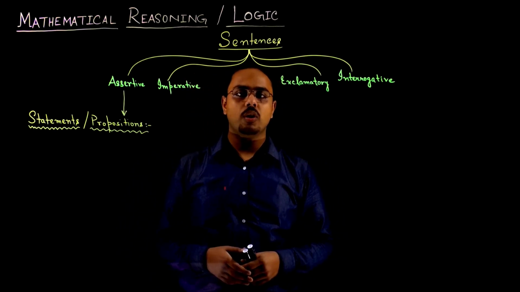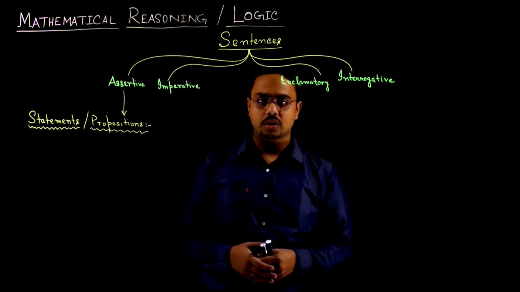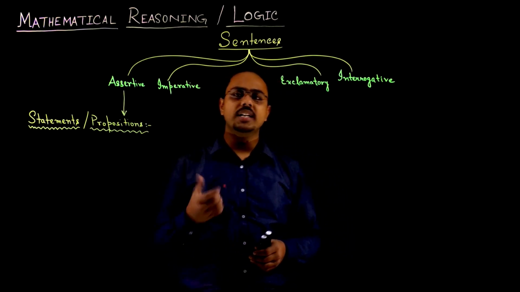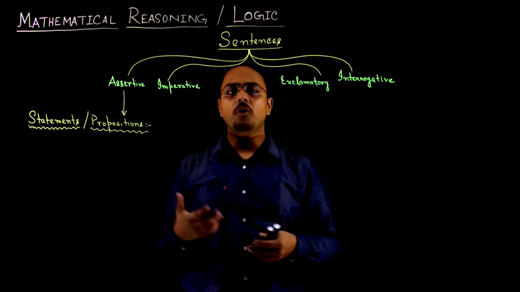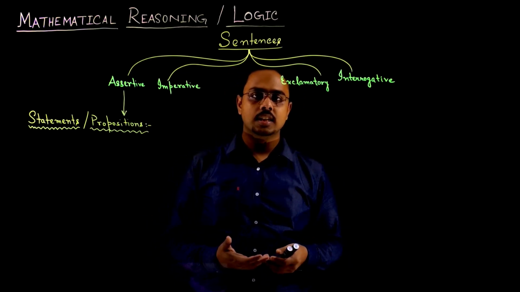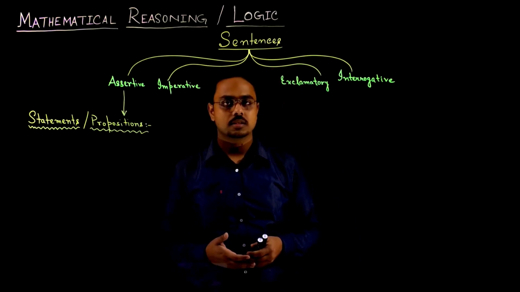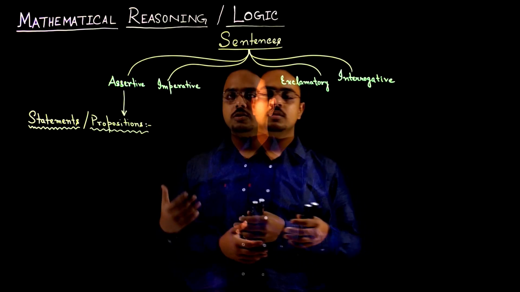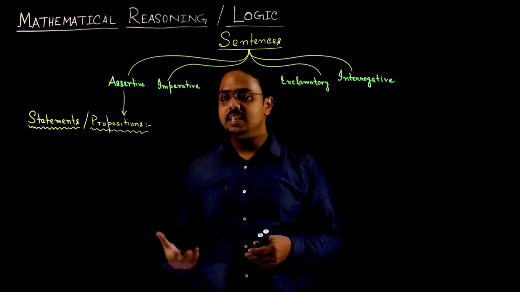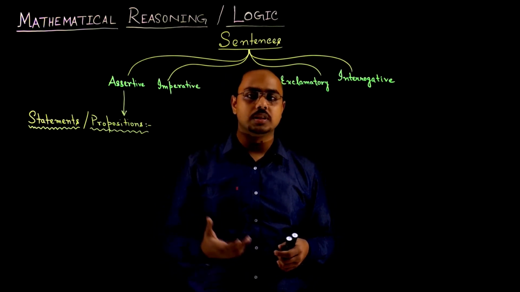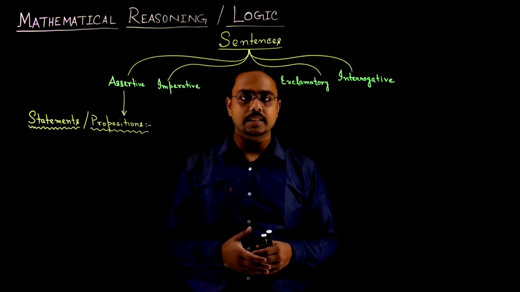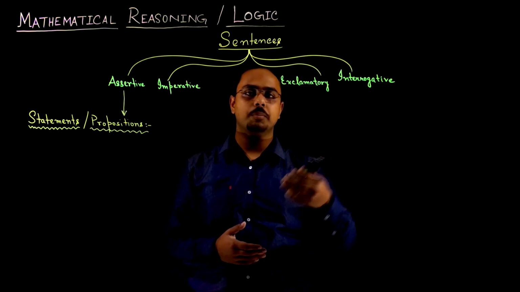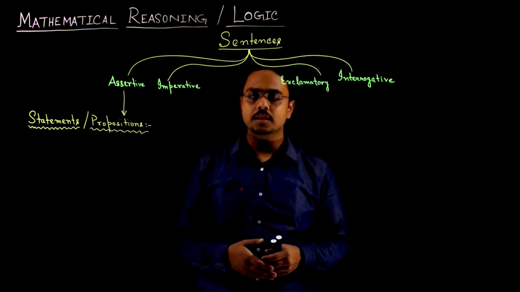From your very childhood you have read in the subject of English what a sentence is. A sentence is a group of words that convey some meaning. When you are trying to convey your message to another person, you generally form a meaningful sentence and try to convey that message to the other person, right?